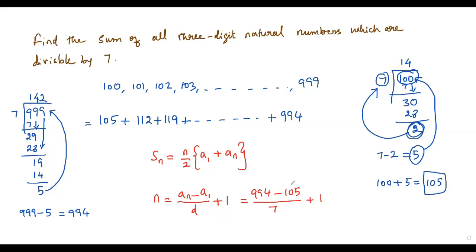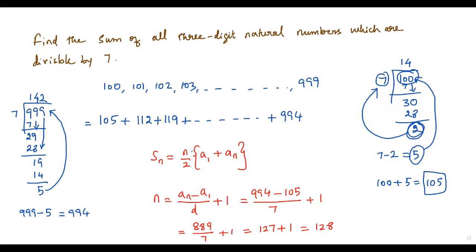When I subtract 105 from 994, I'll be getting 889 over 7 plus 1. When I divide this 889 by 7, I'll be getting 127 plus 1. So finally I'm getting 128 as the value of n. So that means there are 128 terms in this arithmetic series. More clearly, there are 128 3-digit natural numbers which are divisible by 7.